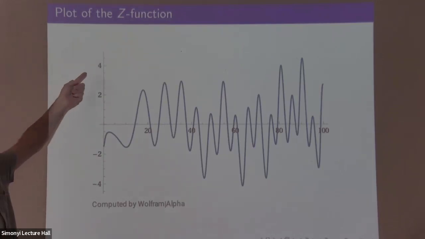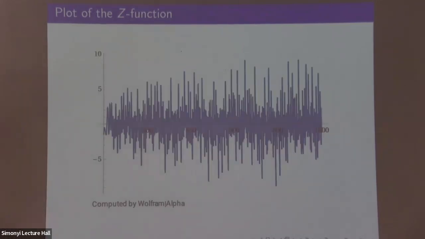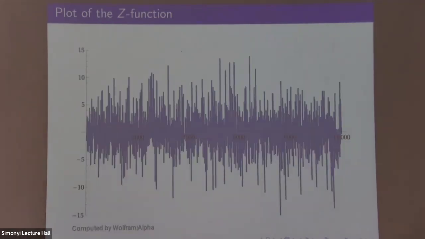This is up to 1,000, and the scale is up to 10, and this is 10,000, and it's up to 15. This is supposed to indicate that the Z function is oscillatory and not very big. This is just some experimental evidence for that.